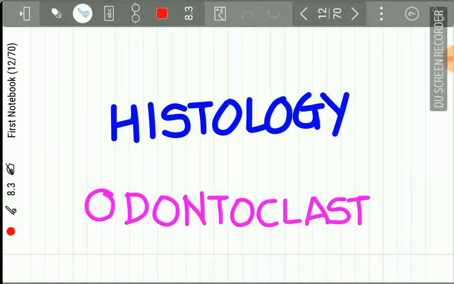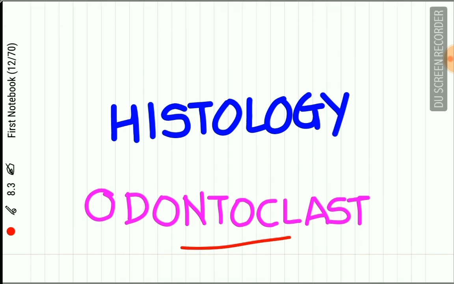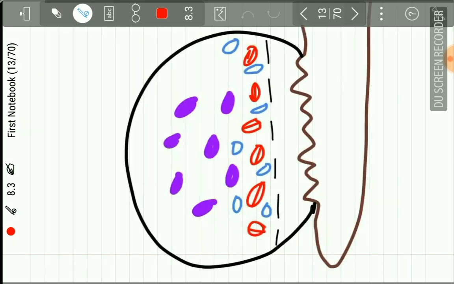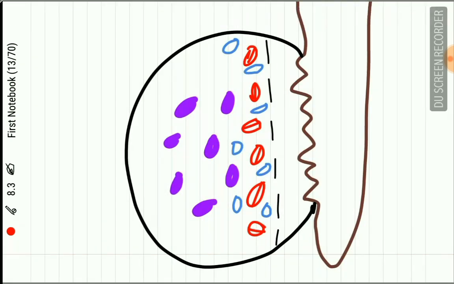Now, coming to the histological part of the shedding, the cell responsible for the removal of dental hard tissues is called the odontoclast. Let us see how is the structure of this odontoclast. Suppose this is the resorbing surface of the dental hard tissue.